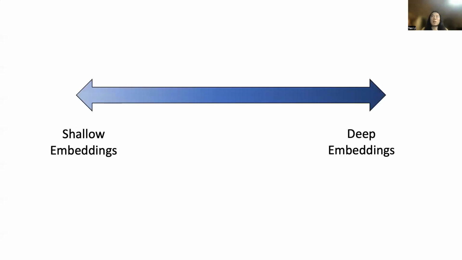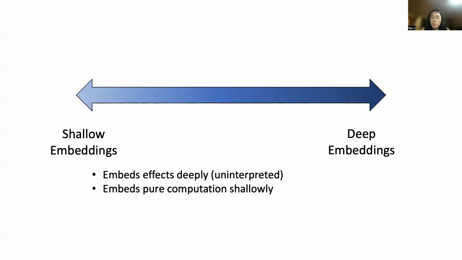In fact, as many recent research works show, the style of embedding should be viewed as a spectrum rather than a binary choice. Free monads and their variants offer a pretty good mixture for embedding effectful programs in this spectrum. The mixture is embedding effects deeply as an uninterpreted algebraic data type, and embedding pure computation shallowly.